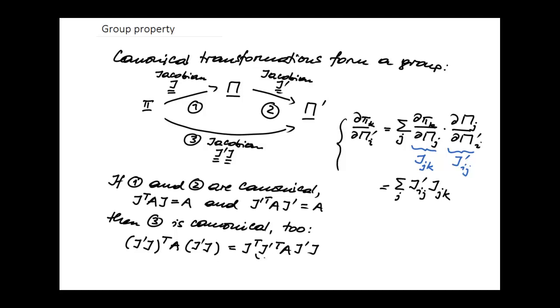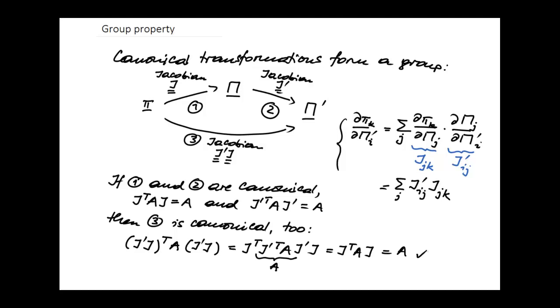Now we know, since transformation number 2 is canonical, that this expression with the underbrace is equal to A. So what remains is J transpose A J. But since transformation number 1 is canonical, this is also equal to A. So this is equal to A. And hence, indeed, the transformation number 3 is also canonical.